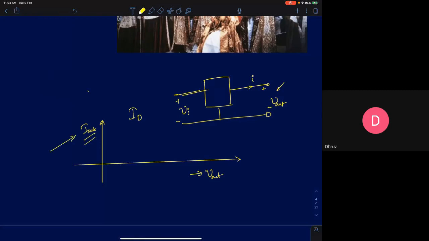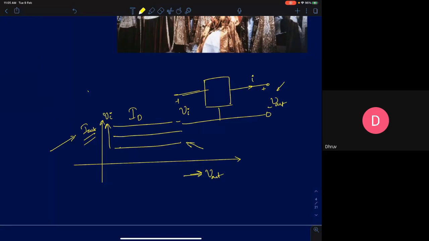If the output current happens to be independent of V out, but rather depends upon the input voltage, then the graph will look something like this. I'm changing the input voltage, the current is increasing, it might increase or decrease, but here in this example it is increasing. But the output current should be independent of the output voltage.